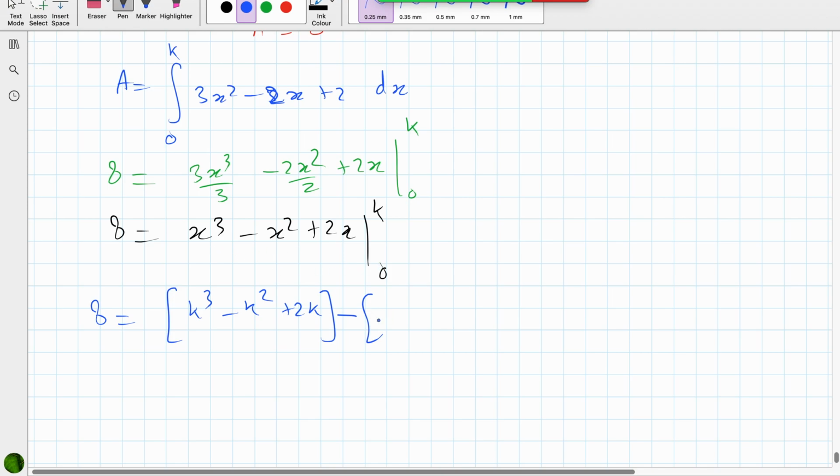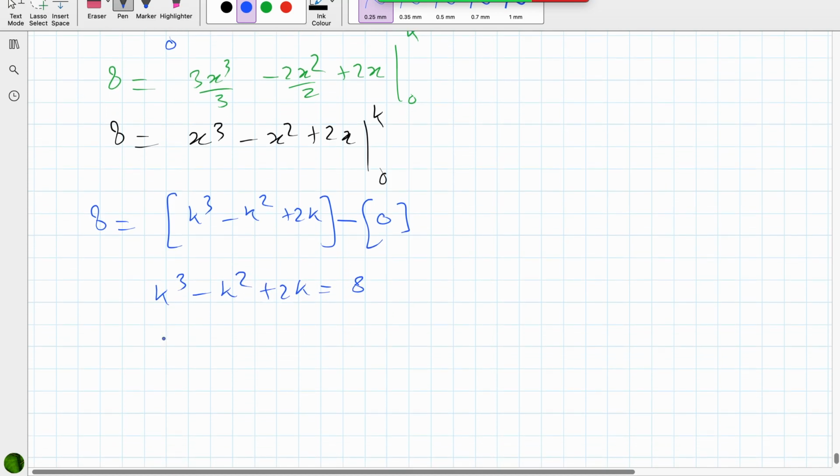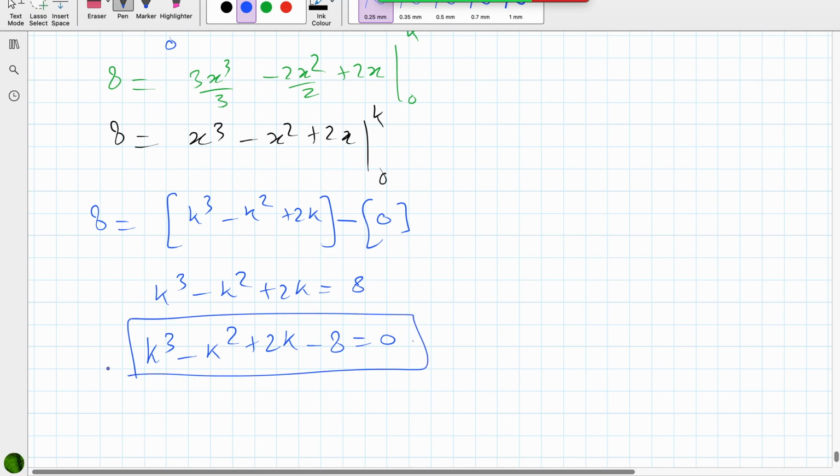So 0 in every part, we know it would be 0. So k cube minus k square plus 2k is equal to 8. Now we are going to solve this cubic equation. k cube minus k square plus 2k minus 8 is equal to 0. And we will solve this.